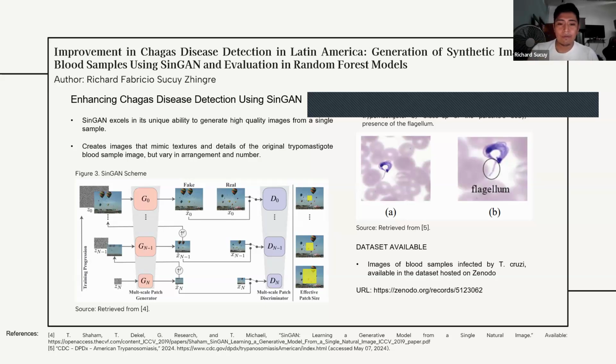Each generator receives noise and the output from the previous level to produce images that are progressively refined, while each discriminator learns to differentiate between the generated image and the scaled real image. This approach allows for the generation of new images that retain the visual features of the training image.